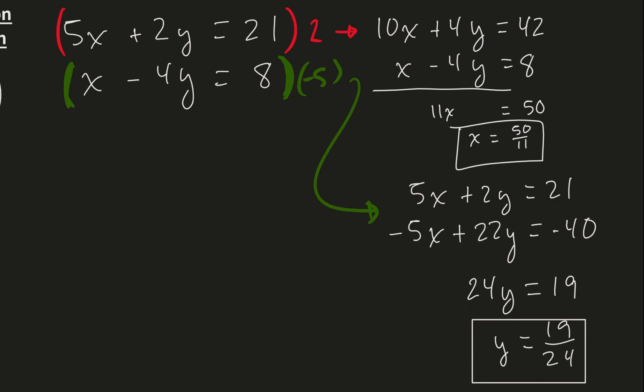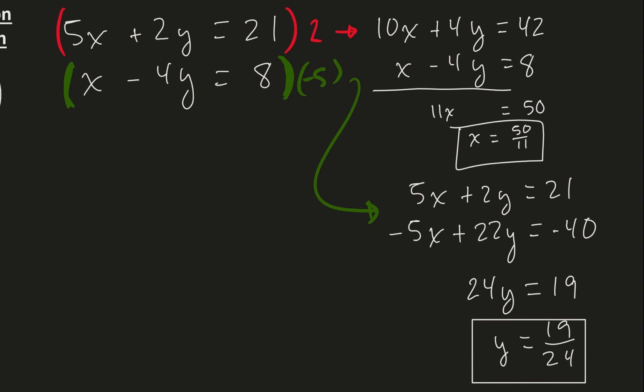When I added those, I did get 11x, and 42 plus 8 is 50, so I got 50 over 11. So I don't see any error that I made in the top equation. Let's look at the second equation. 5 times x is negative 5x. Oh, I can see my error.